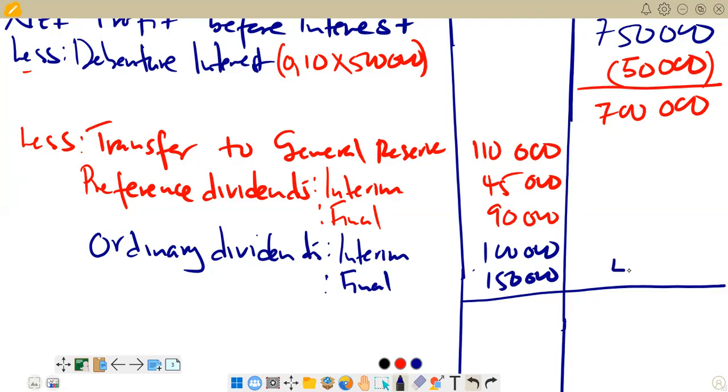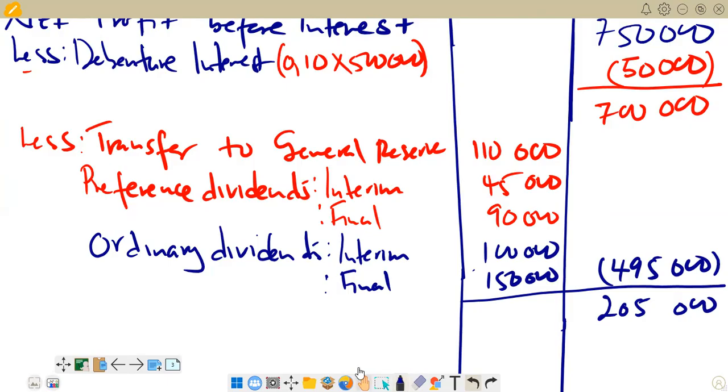So we have 495 here. Remember, we are subtracting it from 700,000. 700,000 minus 495, we get 205. So this one becomes the answer that we have.